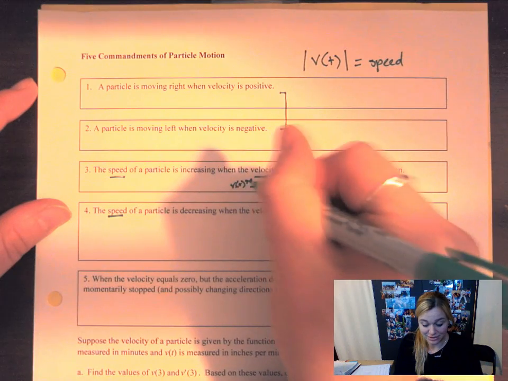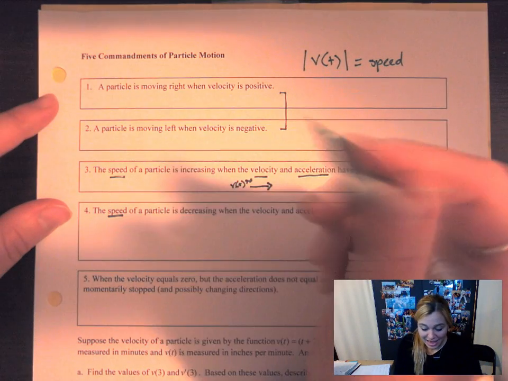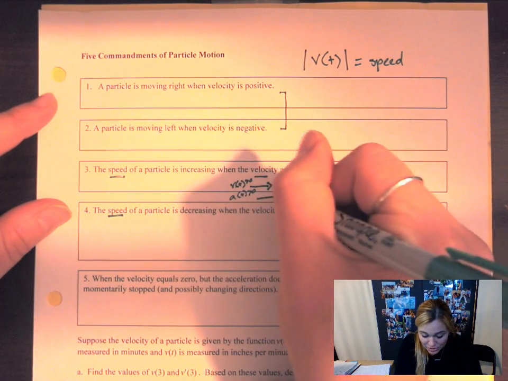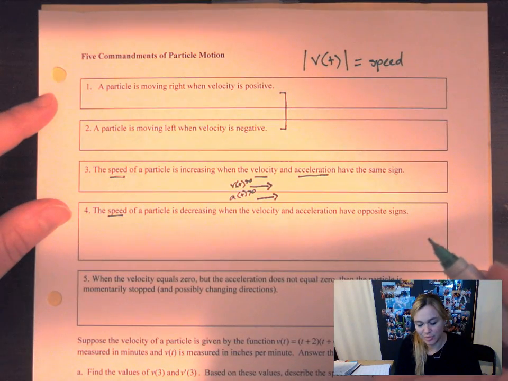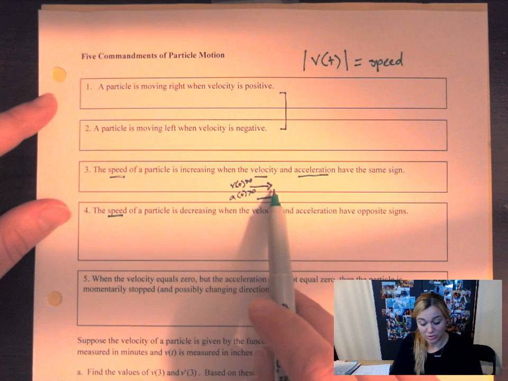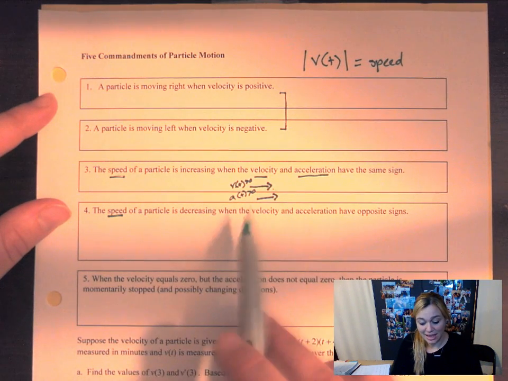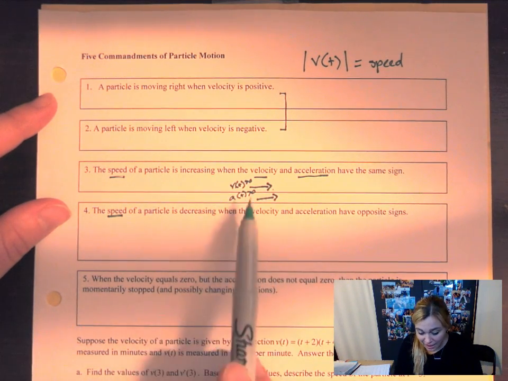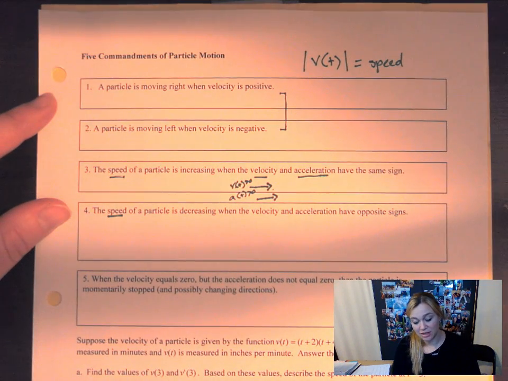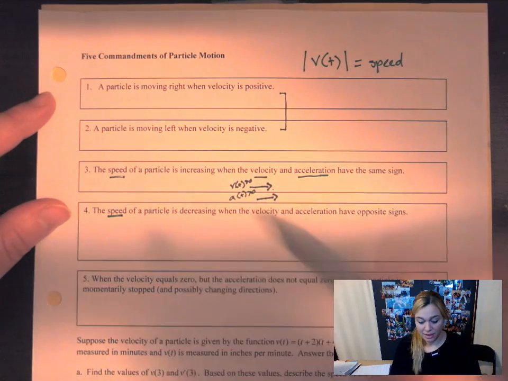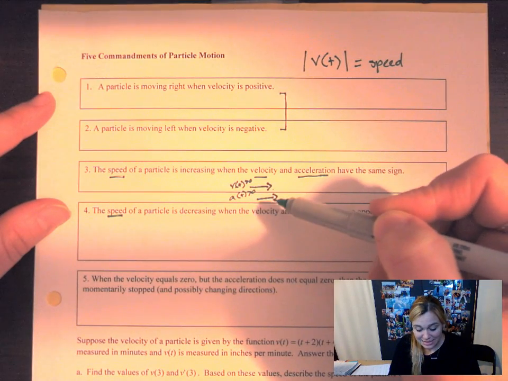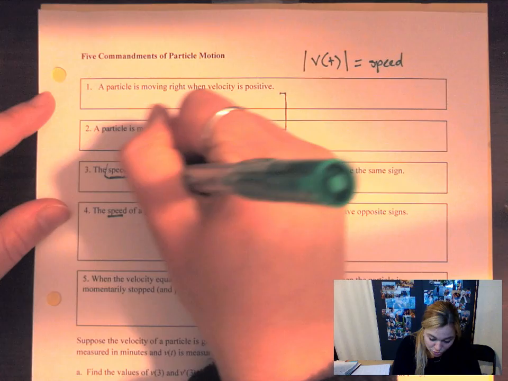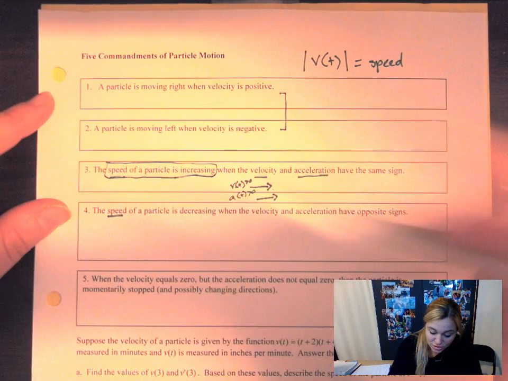If velocity is positive, that means the particle is moving to the right. Acceleration is the rate of change of velocity. If acceleration is positive, this is saying that there's some force in the right direction. Here, if I've got velocity greater than 0 and acceleration greater than 0, I am going to be saying the particle is speeding up. The speed is increasing.